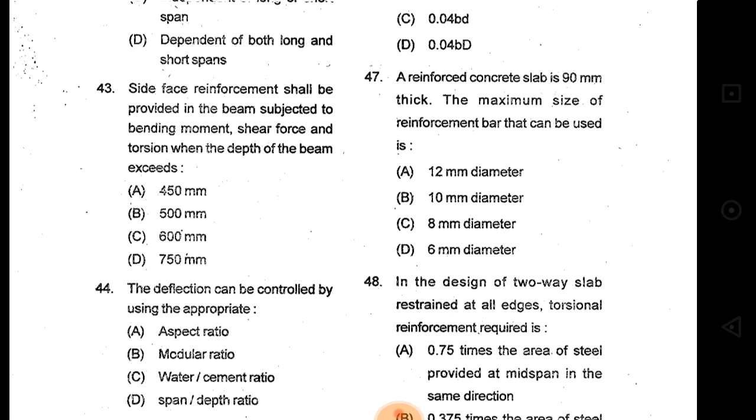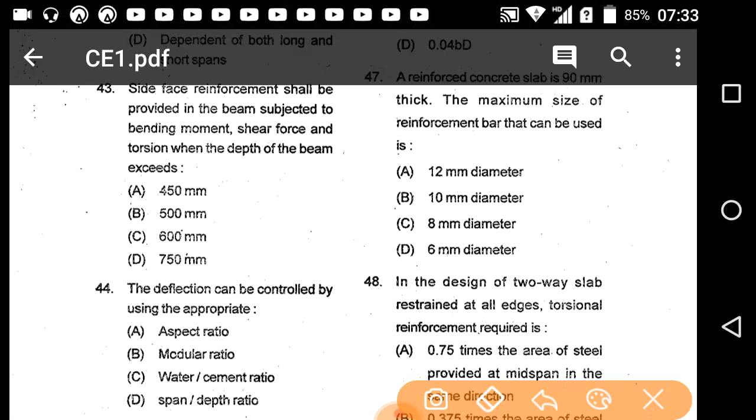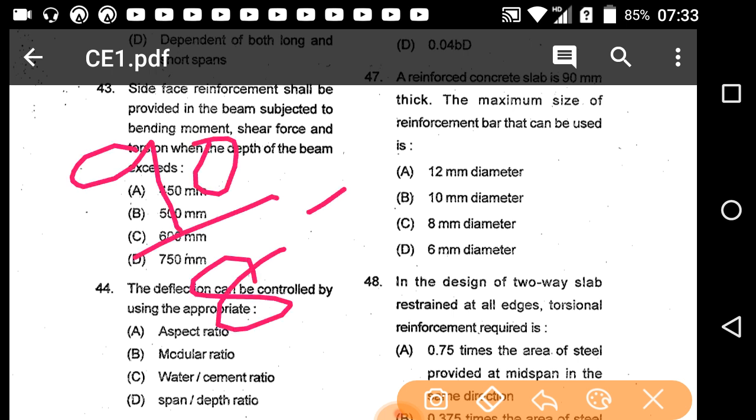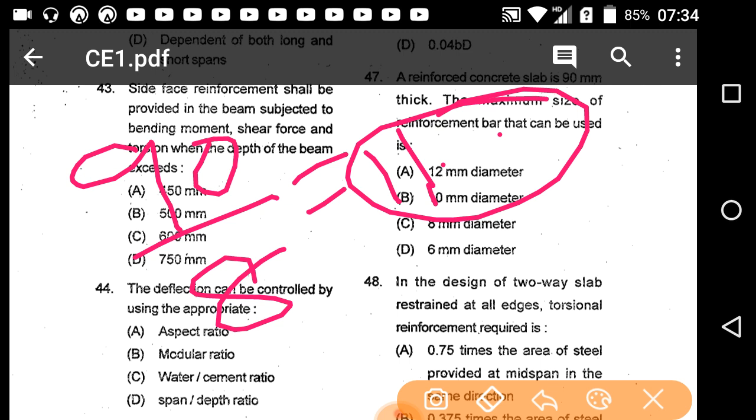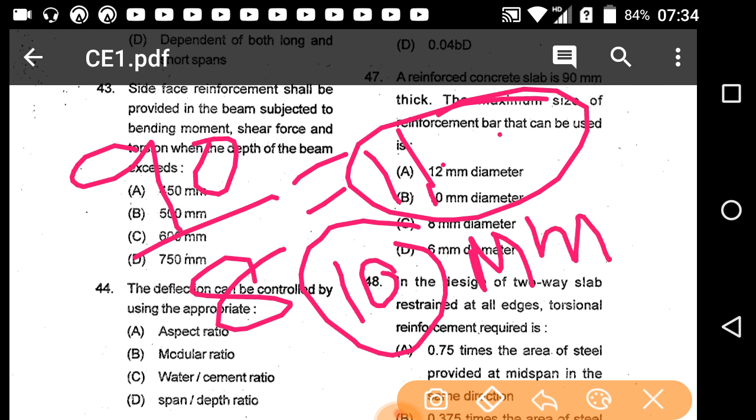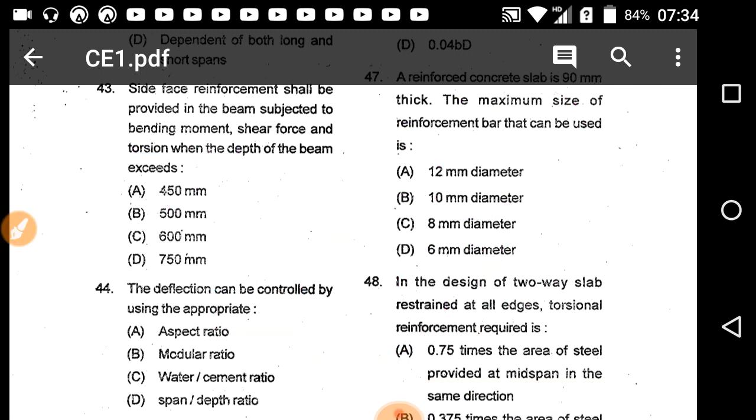Here, the slab is 90 mm thick, so 90 by 8 will come as 11 point something. So we have to take an approximated 10 mm diameter. So here the correct answer will be 10 mm diameter.